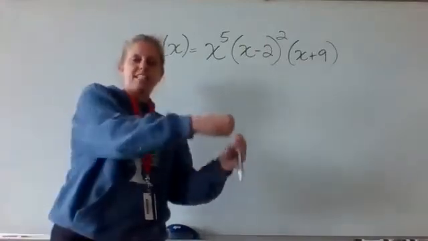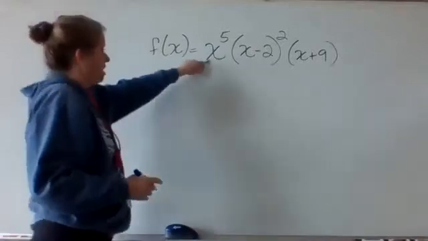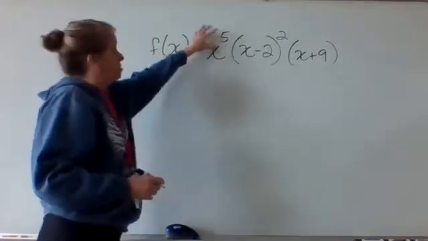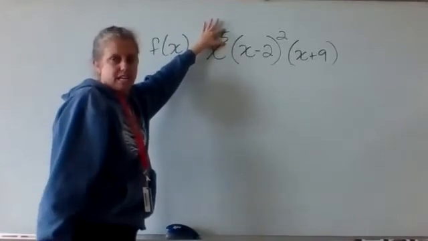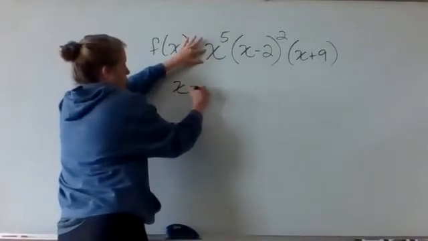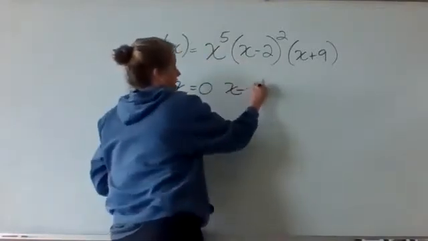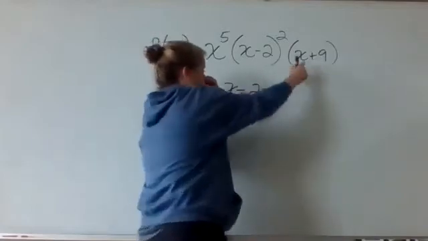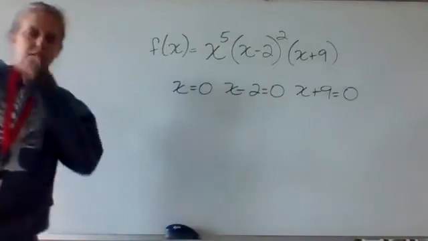I can jump straight to the step where I set my factors equal to 0. Every factor that has an x sets equal to 0, which means this factor, remember, this exponent doesn't have anything to do with this step. This is its multiplicity number. Here's the factor. I set it equal to 0. Here's my factor. So x minus 2 equals 0 and x plus 9 equals 0.